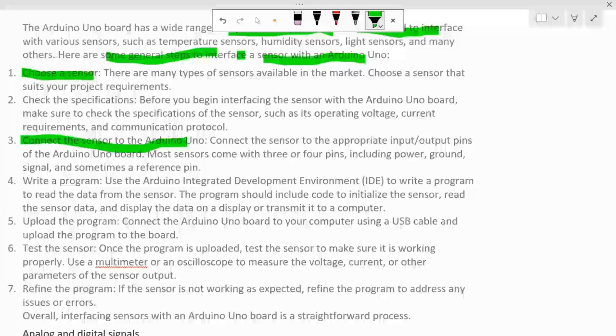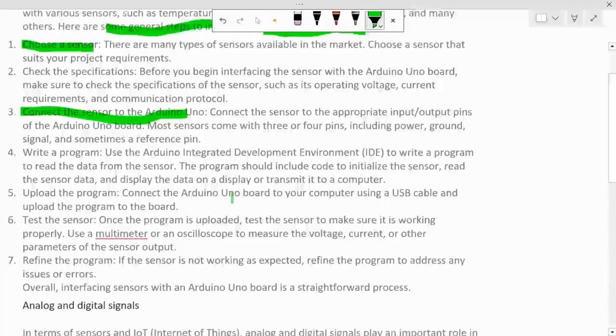Some sensors need pulse width modulation, PWM, to read the data, and some pins are reserved in the Arduino Uno board for other applications like serial communication. Accordingly, we need to select the pin for sensor connections.